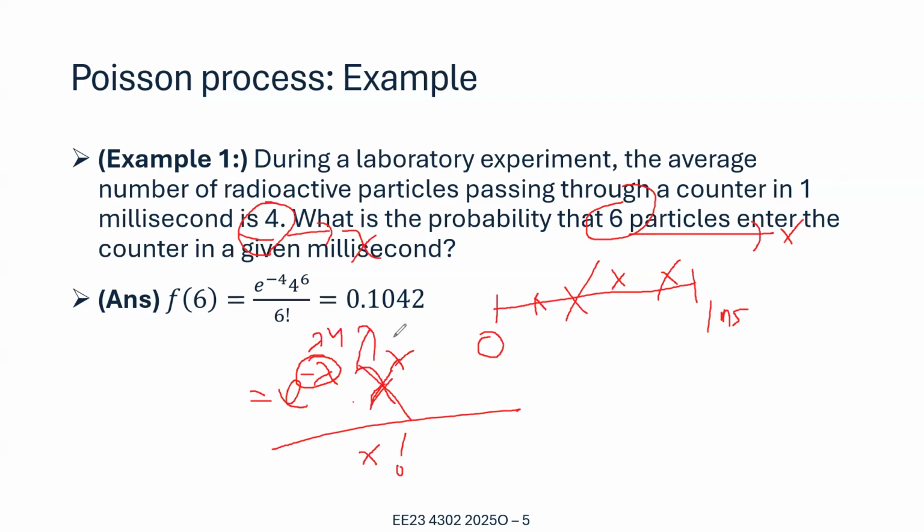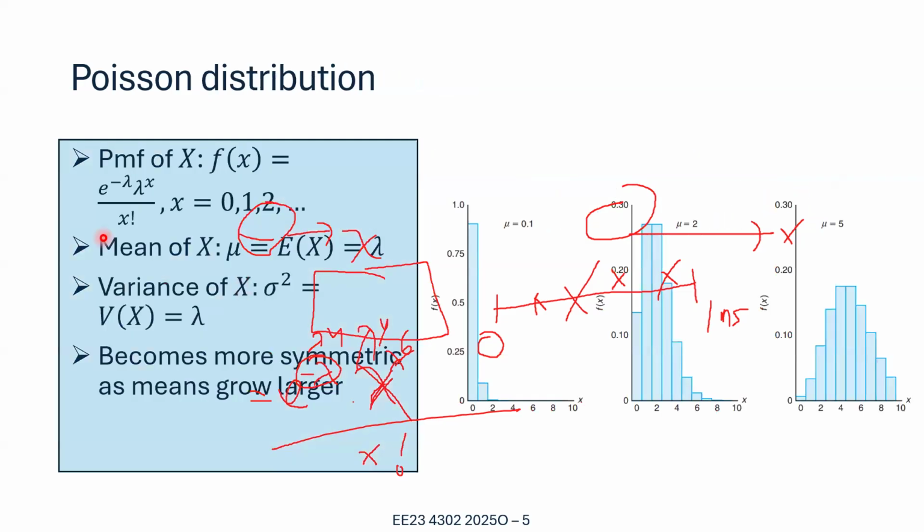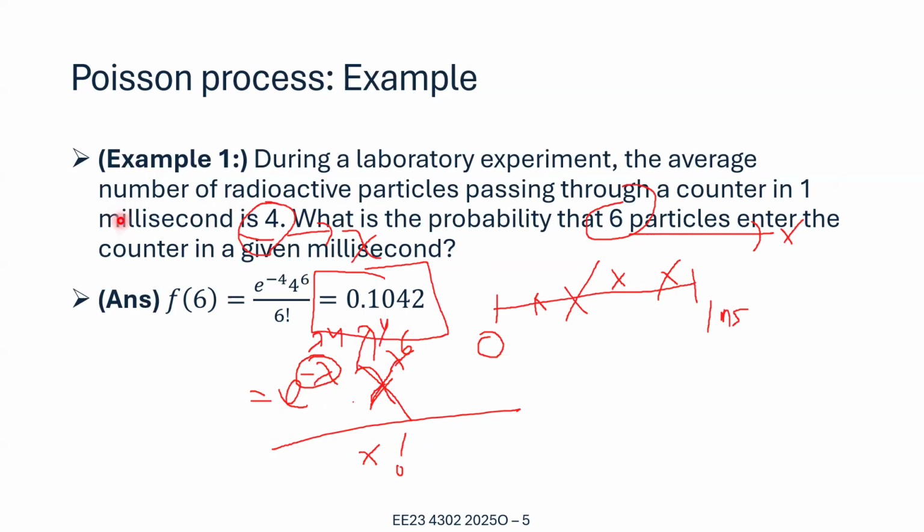So this is lambda 4 to the power of 6, divided by x factorial, in this case 6 factorial, and we can get the value of 0.1042, where we follow this PMF resulting from the Poisson distribution.